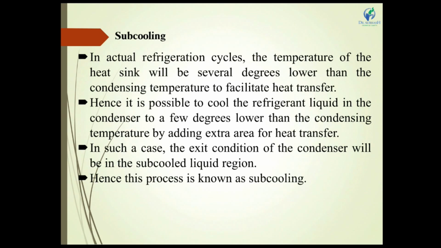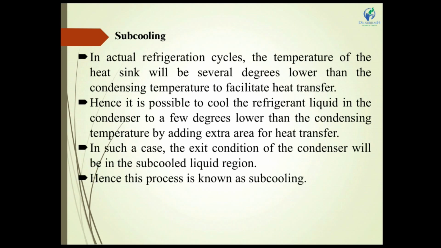Hence, it is possible to cool the refrigerant liquid in the condenser to a few degrees lower than the condensing temperature by adding extra area for heat transfer. We have to maximize the heat transfer surface. In such a case, the exit condition of the condenser will be in the subcooled liquid region. Hence, this process is called a subcooling process.